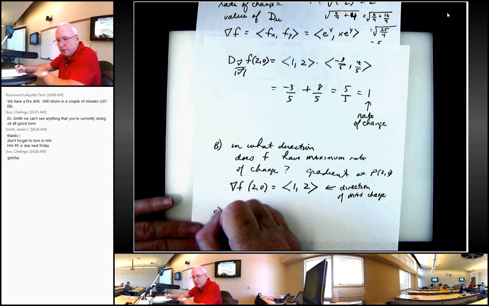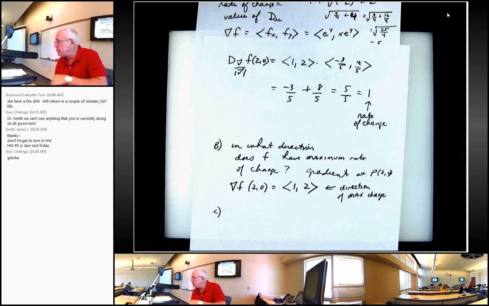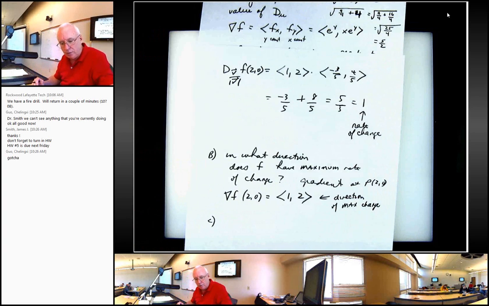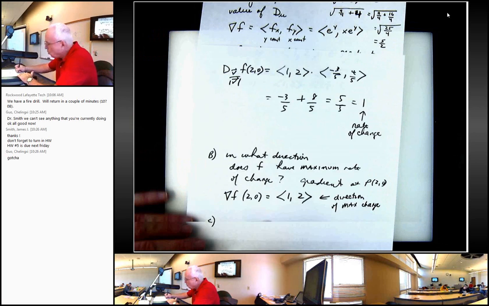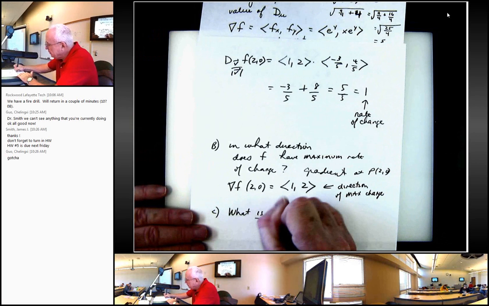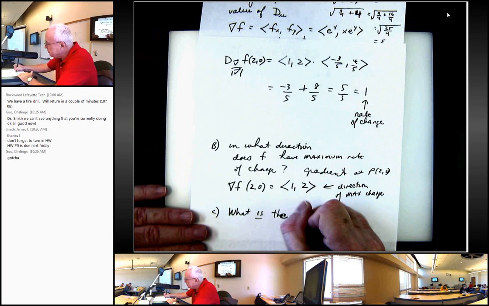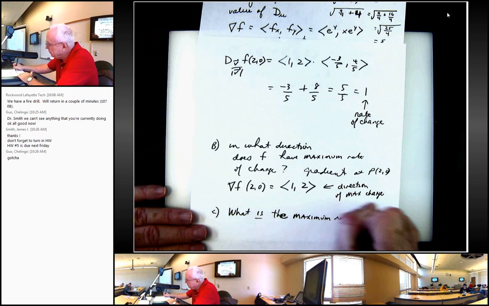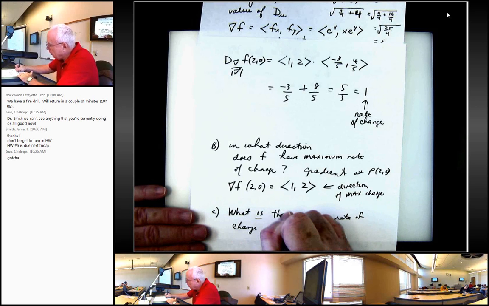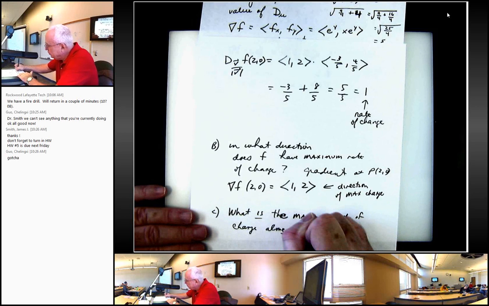Part C, I think, is another kind of gimme. What is the maximum rate of change along the gradient direction?